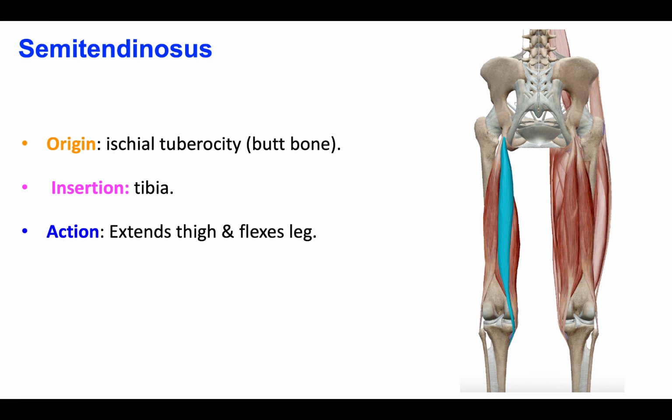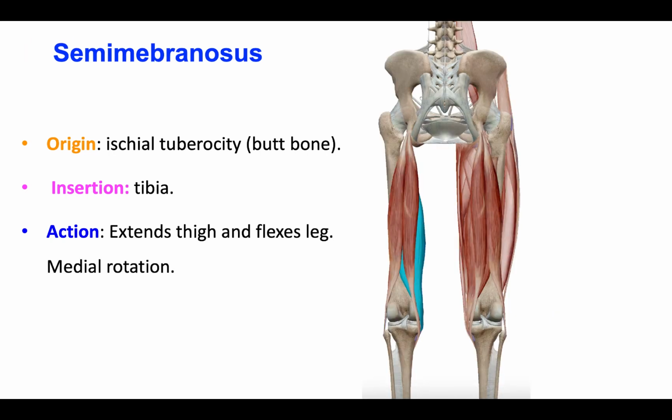Then semitendinosus is in the middle, and then semimembranosus, the next muscle, is medial in the group of hamstrings here. The origin is the ischial tuberosity, insertion at the tibia, and it extends the thigh, flexes the leg, and it allows for medial rotation.